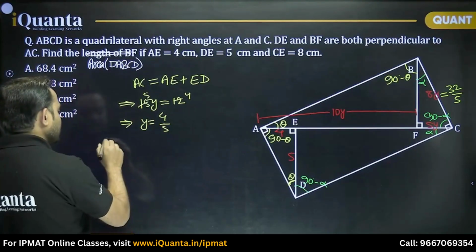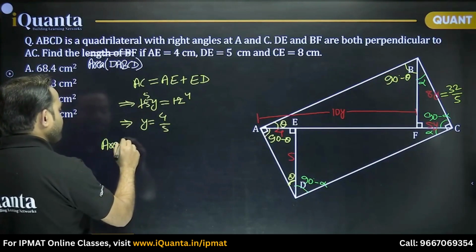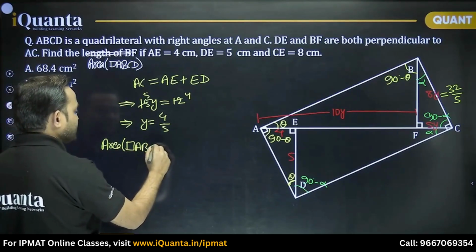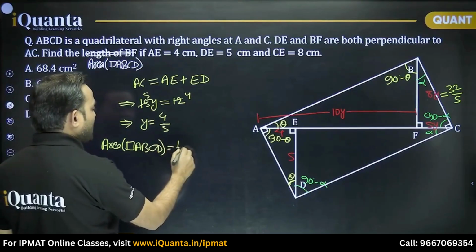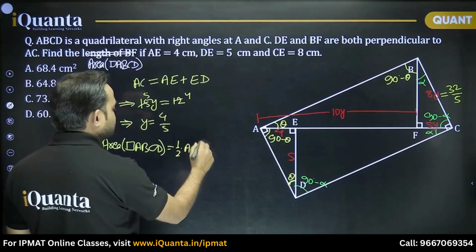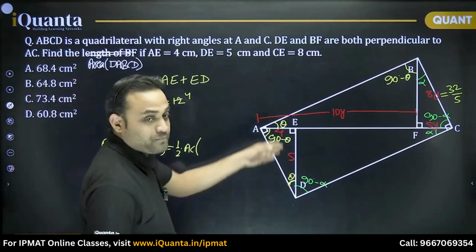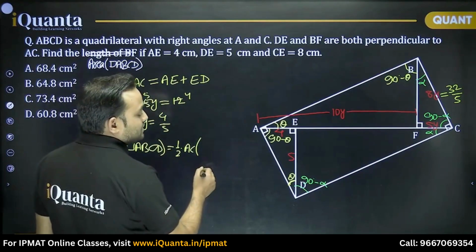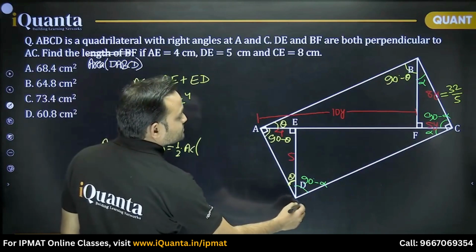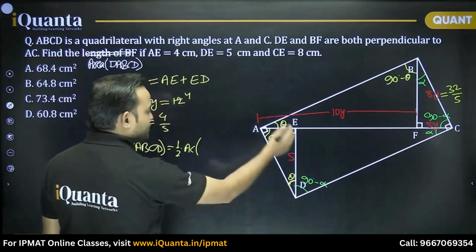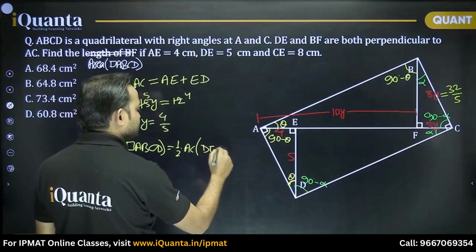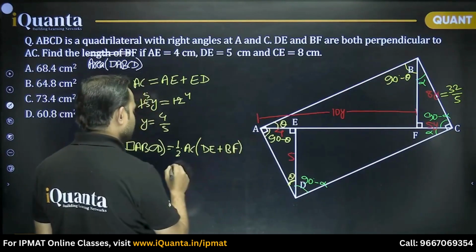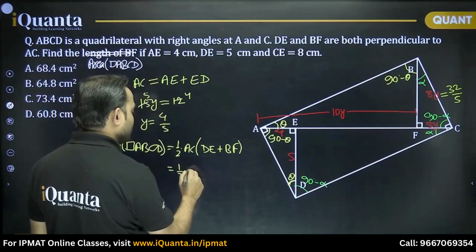Can we say the area of quadrilateral ABCD will be equal to half of AC into perpendicular lengths from opposite vertices, which is, this is B, right? This is D. So DE plus BF. So this will be equal to half into AC is what?